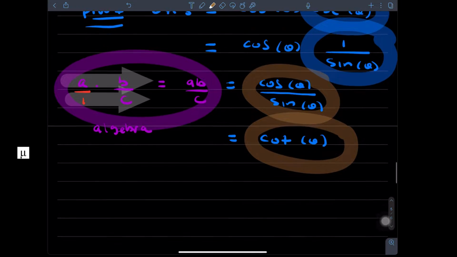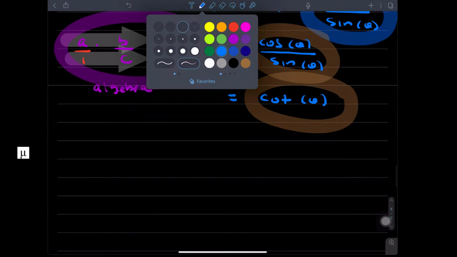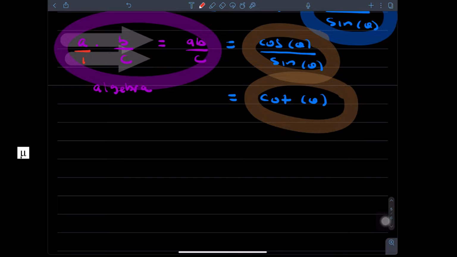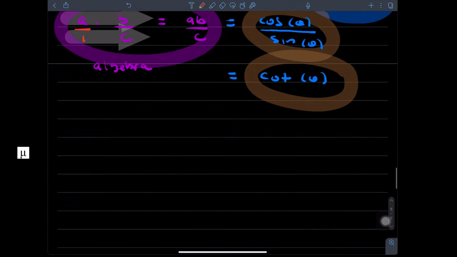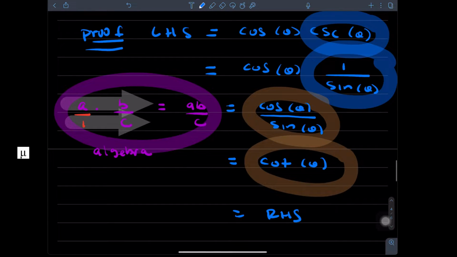So I don't know what color that is, brown, gold, I don't know. And then, what do I know about cotangent? Yes, it's the right-hand side. So I'm going to go back here. This equals now the right-hand side, okay? So what I have shown is that left-hand side is the same as the right-hand side, and that's exactly what you always want to do, ladies and gentlemen. You want to show, notice that word show.